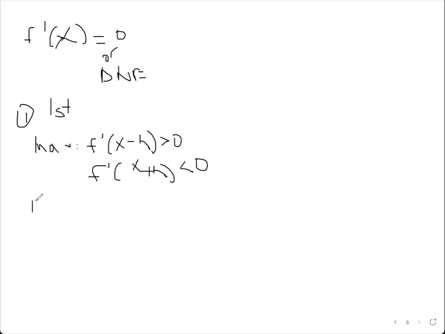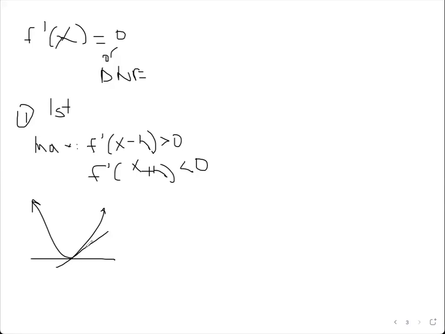What it's basically saying is if you have something like this, at the point x, the slope is 0, but as you move slowly away in the positive direction, so that'll be the second case right here, you want it to have slope less than 0.